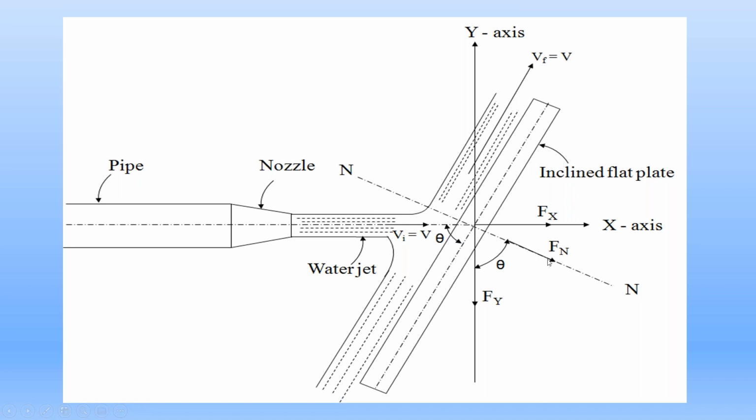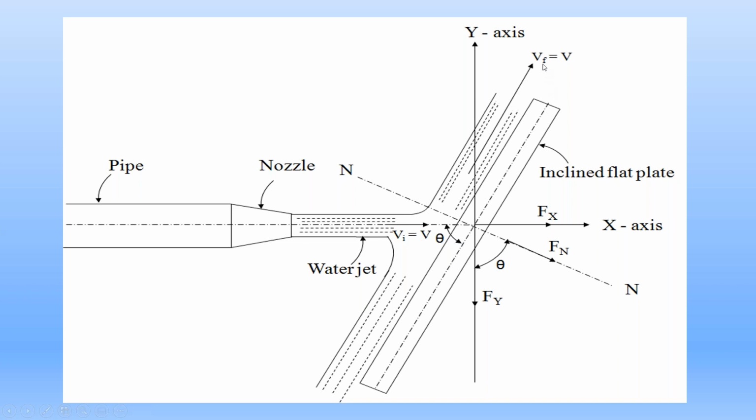So with this force Fn direction, the initial velocity is making an angle of 90 minus theta. So the initial velocity in the direction of force Fn is Vi cos(90 minus theta), that is equal to Vi sin theta. What is Vi? It is V. So the initial velocity of the water jet in the direction of force Fn is V sin theta.